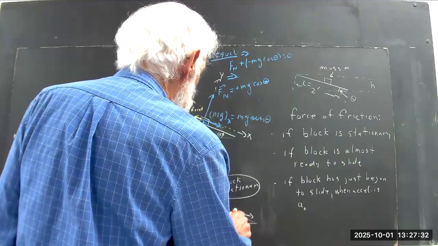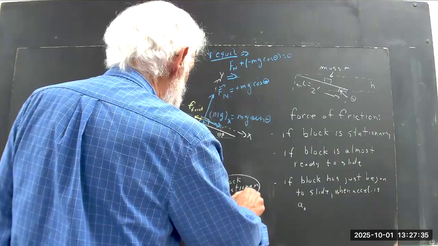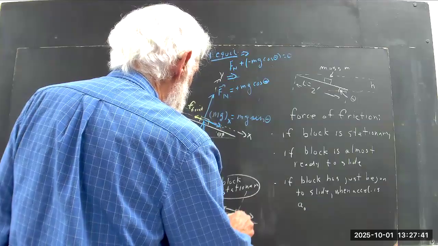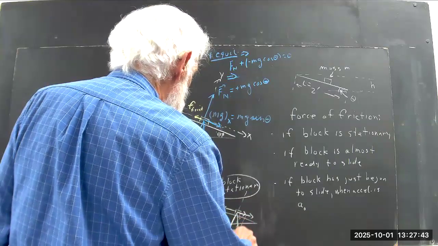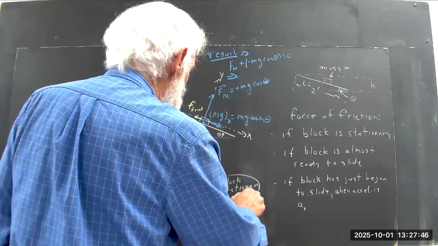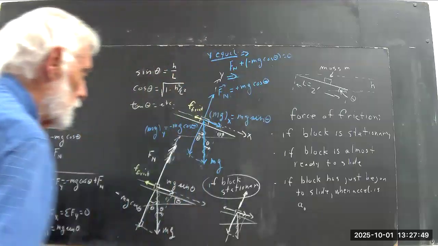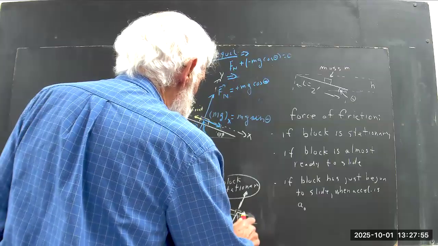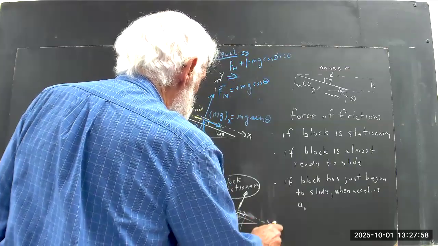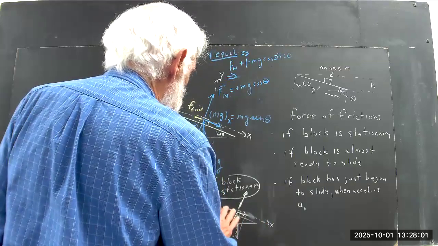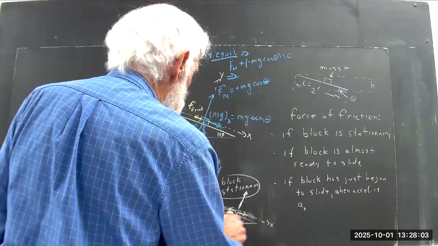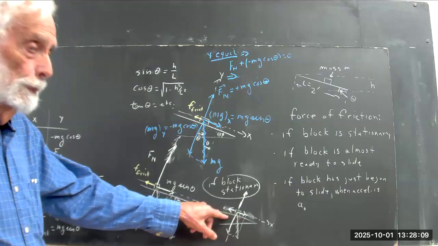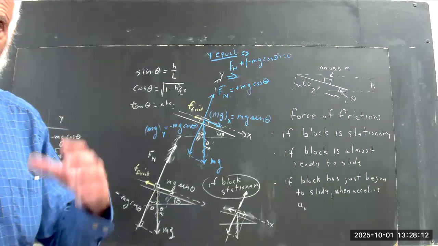Not going to be much of a surprise. Without labeling anything, your picture is going to look like this. It's very rough, but this and this will be equal and opposite, indicating that the block is stationary.